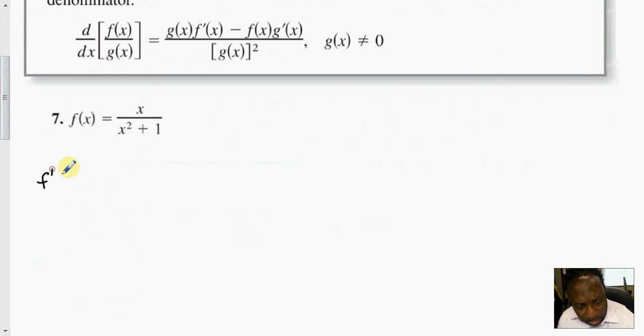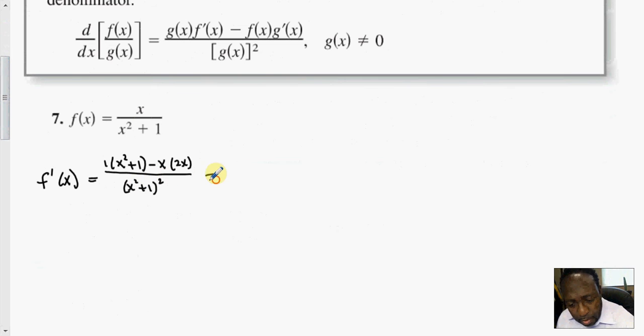So here f prime of x is equal to the derivative of the numerator, which is 1, times our denominator, minus the numerator times the derivative of the denominator, which is 2x. And this is all over our denominator to be squared.